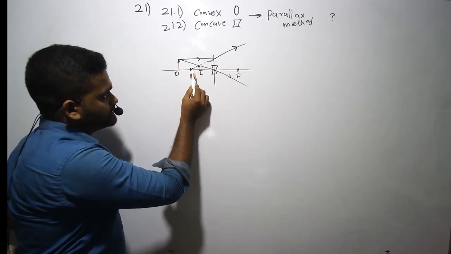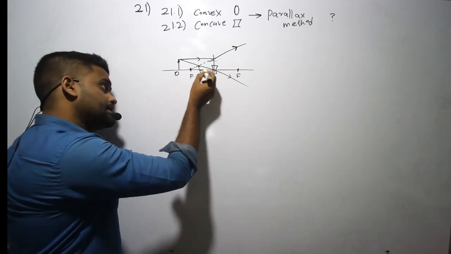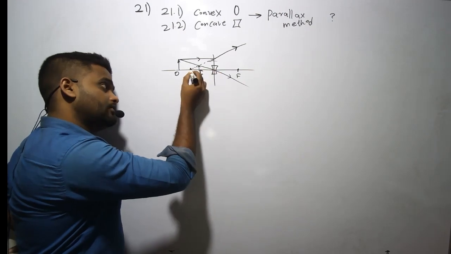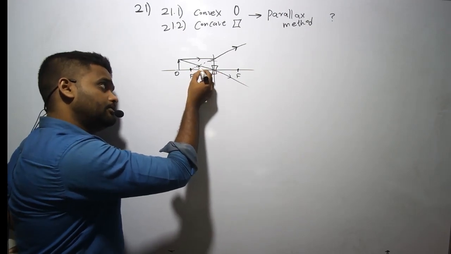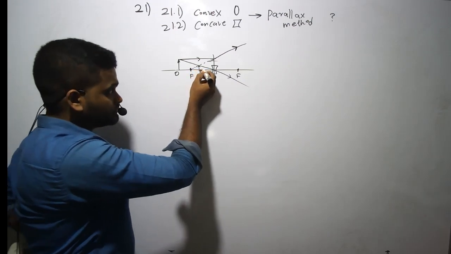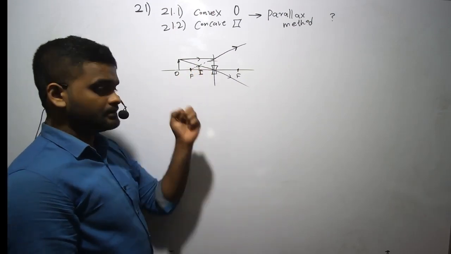It always forms between the center of the lens and the focus, and it is always going to be non-inverted and small.